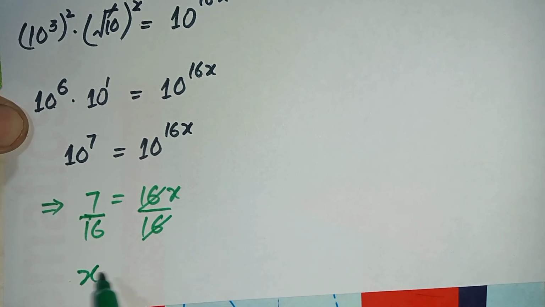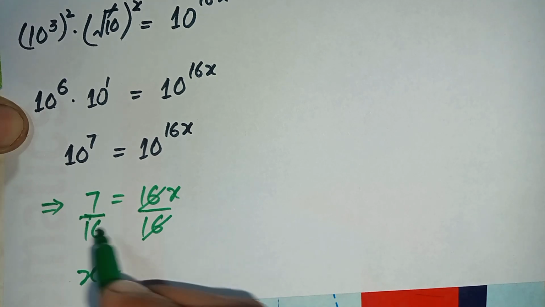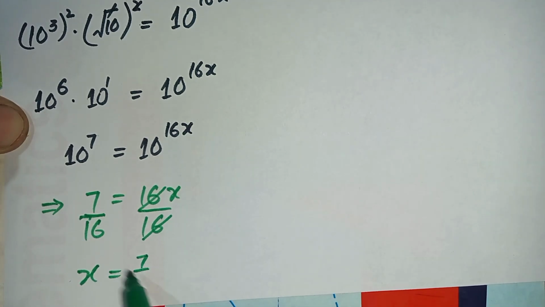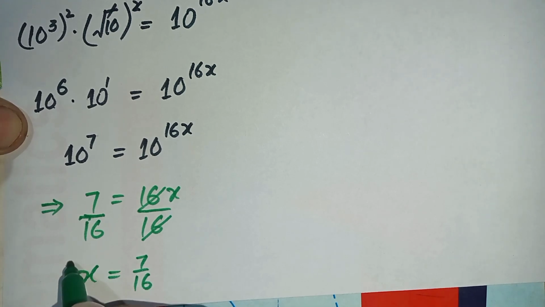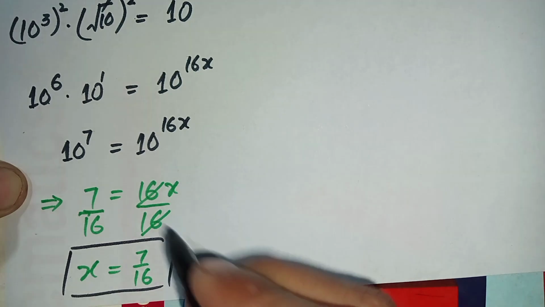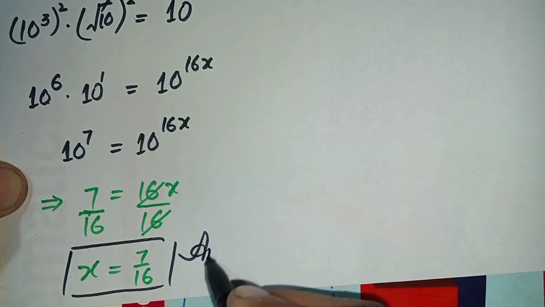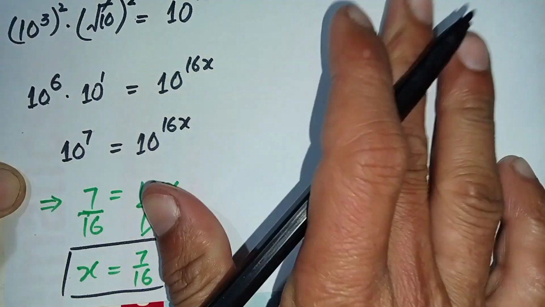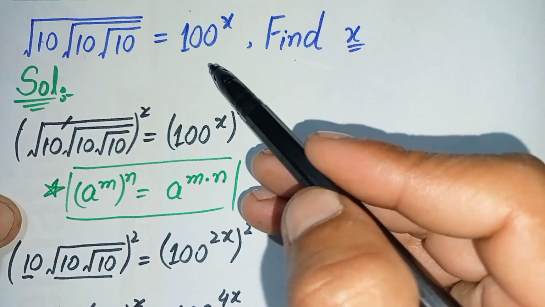So we will write x here is equal to, and here 7 by 16 is left. So finally x is equal to 7 by 16 is the answer and solution of this nice square root math problem.